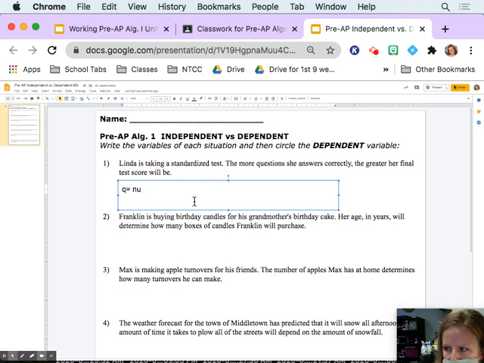Number of questions answered correctly. And then what is the other variable? T for test score. T, yep, test score.